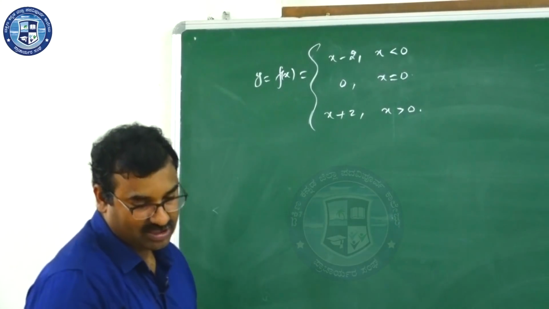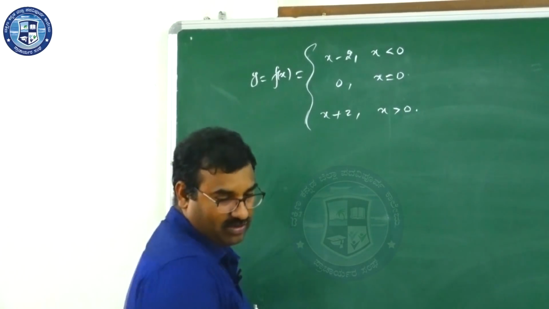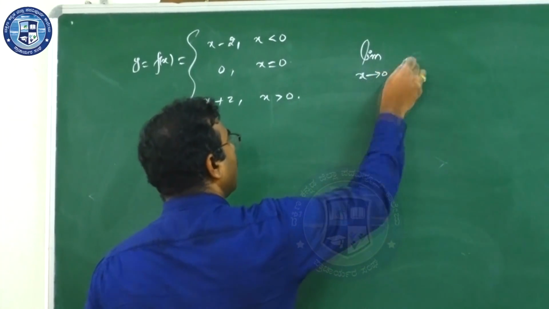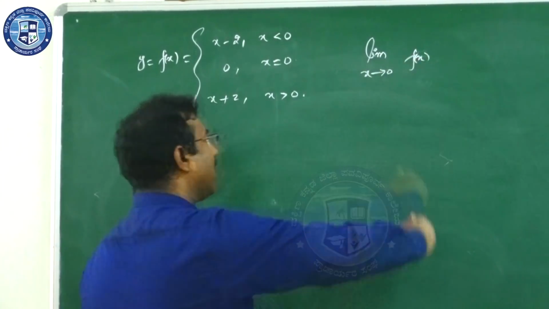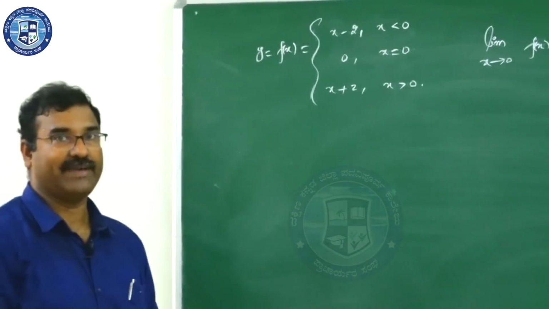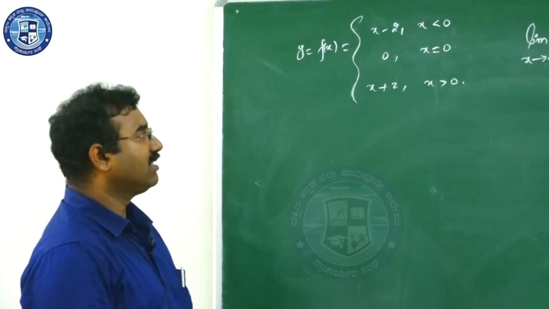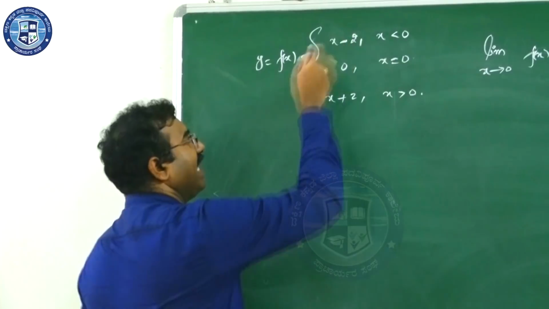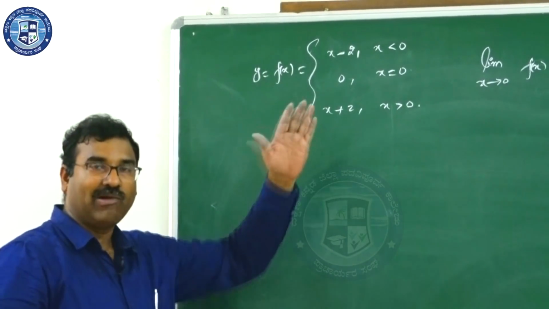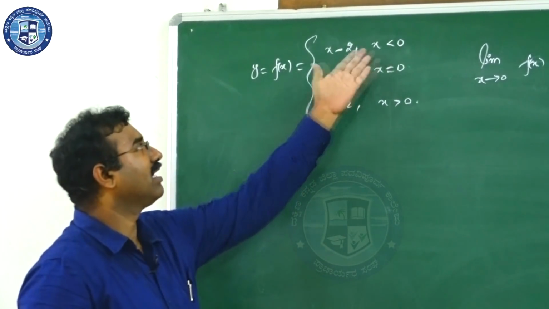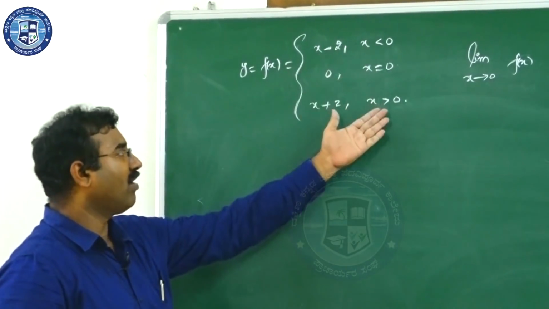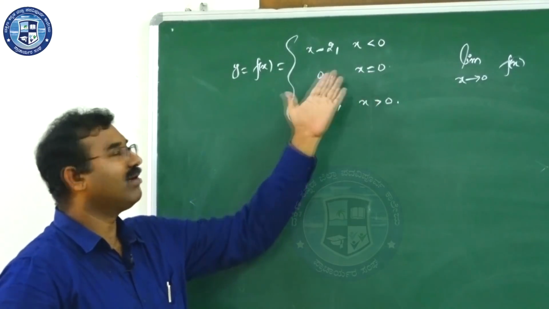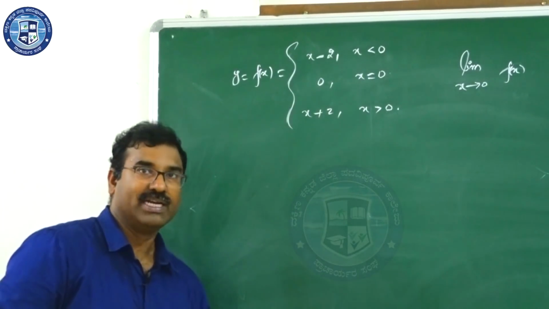And they are asking us to find the limit as x tends to 0 of f(x). See that again, observe how they have defined the function. For all negative values the function is x minus 2. For all positive values the function is x plus 2. When x equal to 0 it is 0.